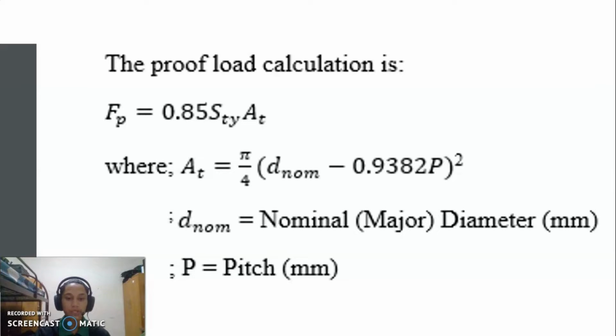The proof load is the greatest tensile force that can be applied to a bolt without causing plastic deformation. The ultimate tensile stress for stainless steel is 505 MPa, which is the highest stress that the chassis and blade cover can withstand. That's all from me.